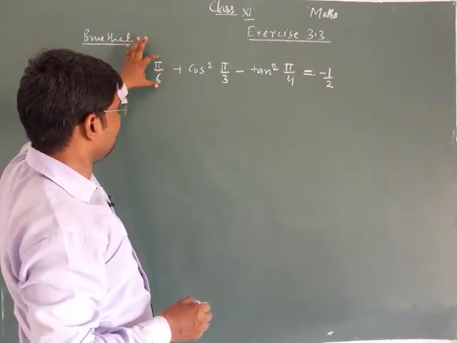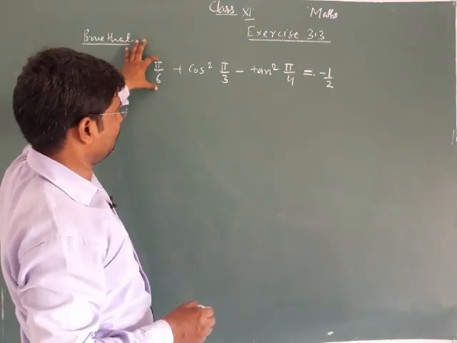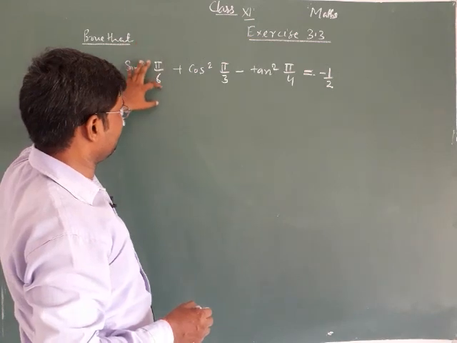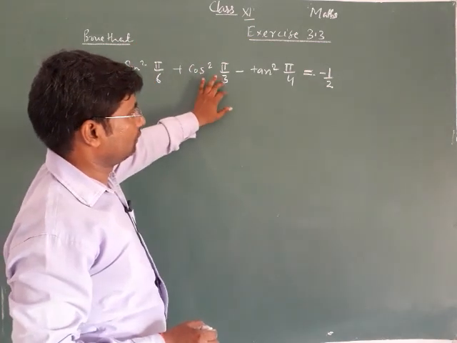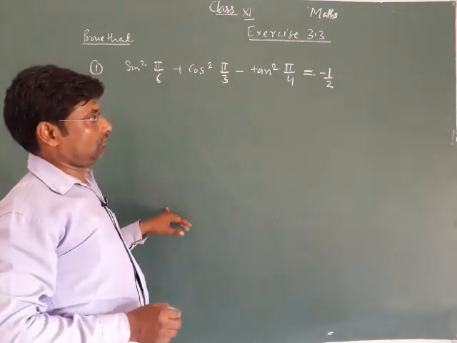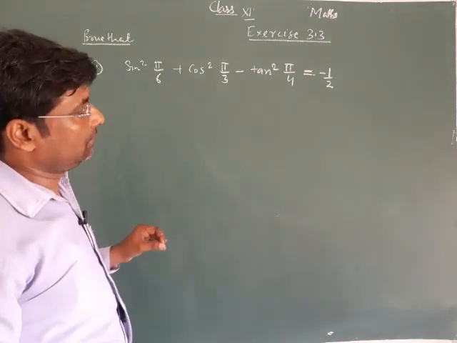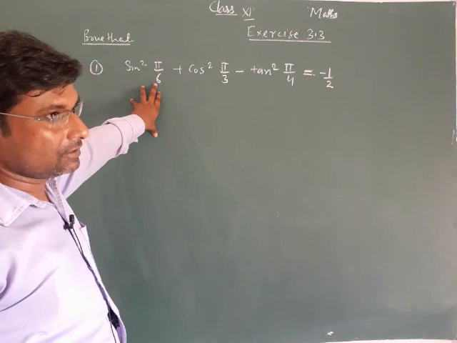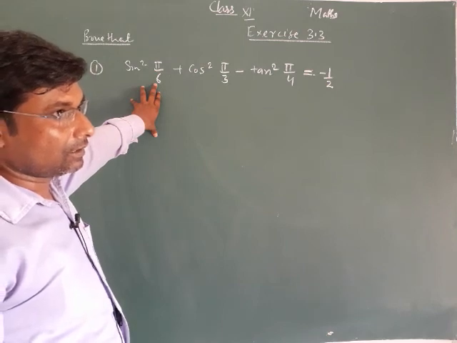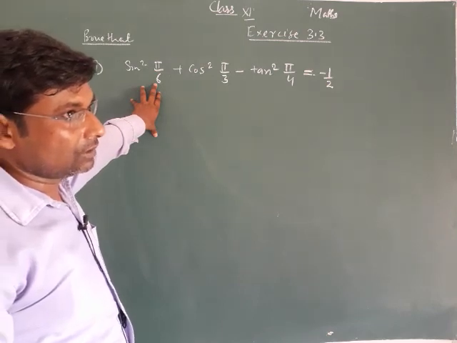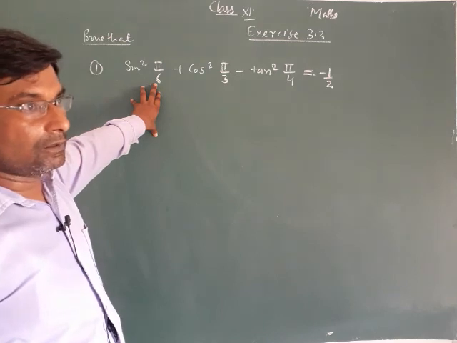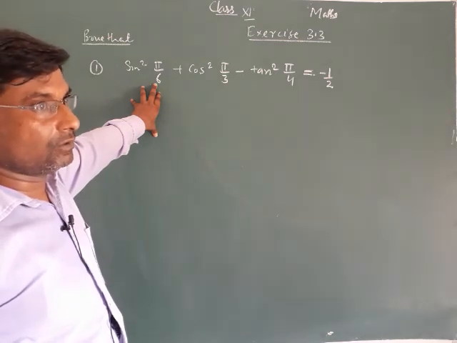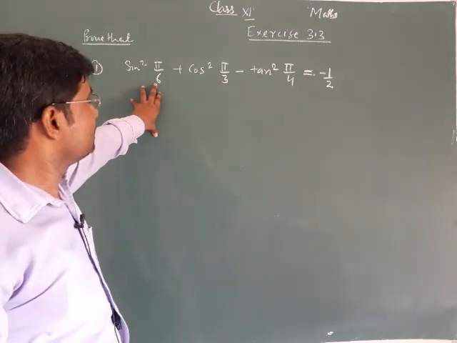So now the angle is written in radian form. Now we represent this angle in degrees. You know from the previous class the values of the trigonometric ratios for 30, 45, 0 and 60 degrees.